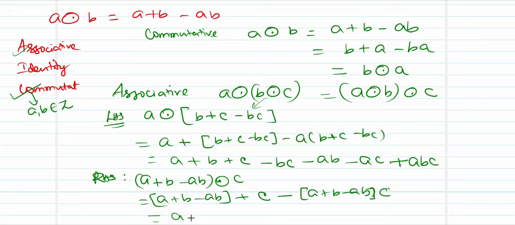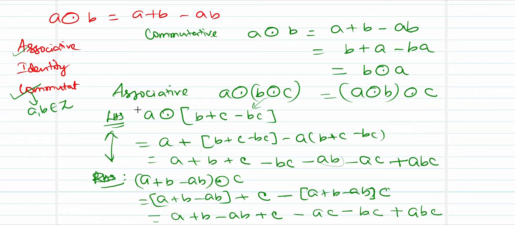So this will give me A plus B minus AB plus C, minus A into C is minus AC, minus B into C is going to be minus BC, and minus into minus is going to be plus ABC. So A, B, C, minus BC, minus AB, minus AC, plus ABC tallies. So what have we proved? We have shown that LHS and RHS are the same.